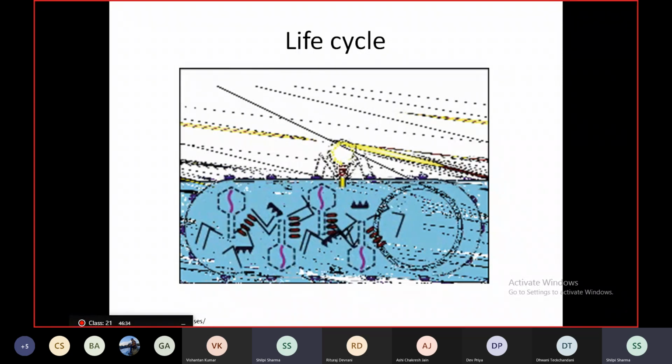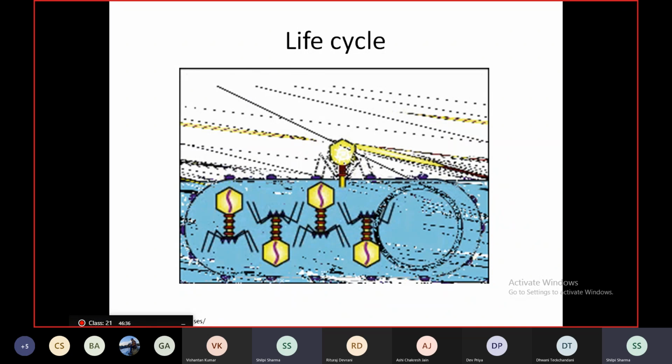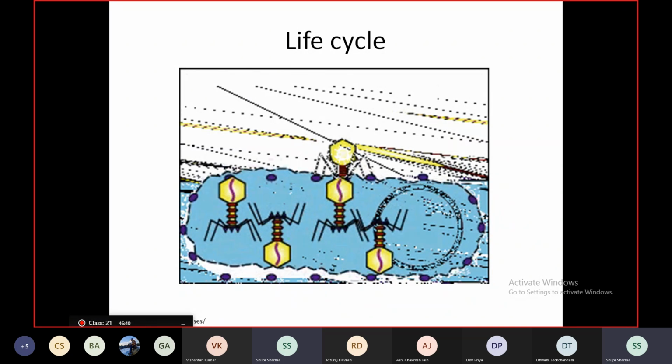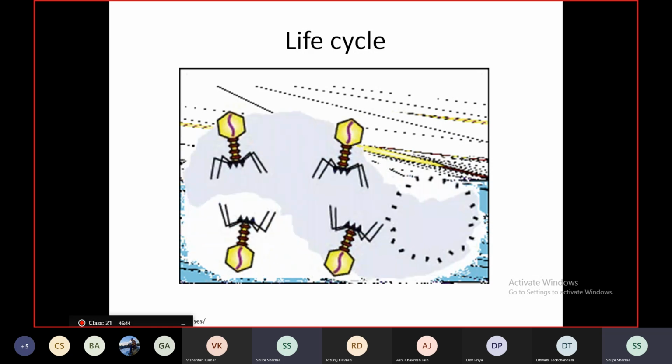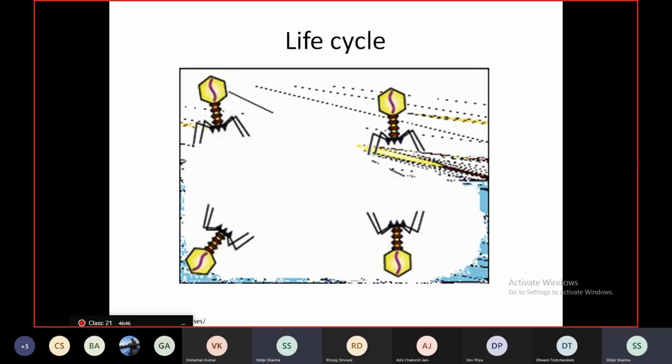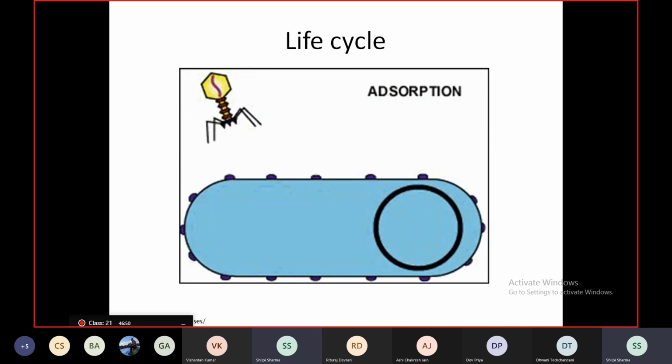The replication is in rolling circle mode. We will also come across the rolling circle mode in viruses in transduction. And after the synthesis of hundreds to thousands of the new virions, the infected cell is ruptured or lysed, releasing all the virions at once.